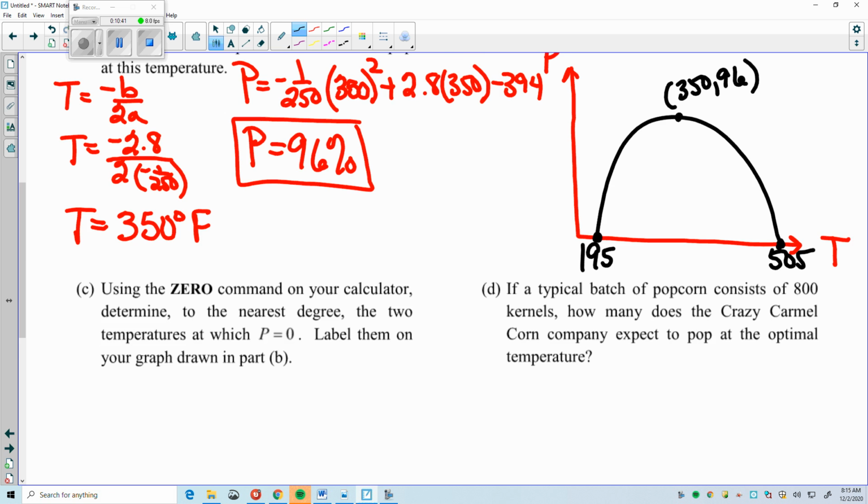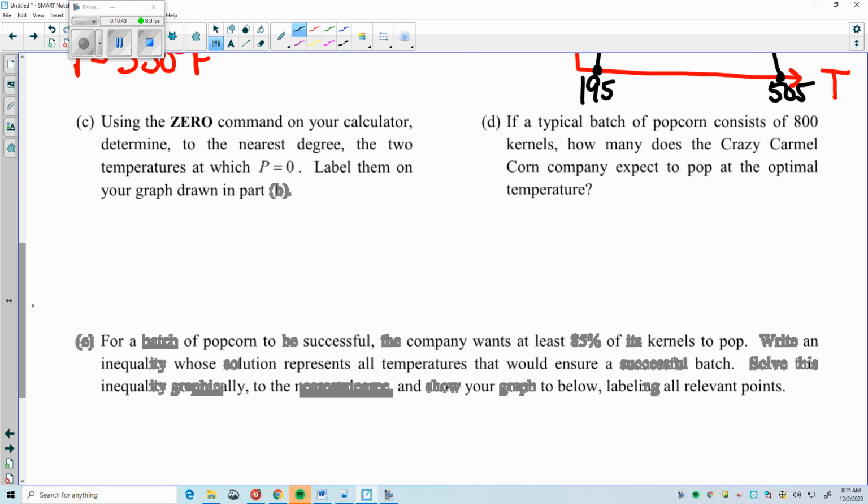Okay, so for letter D, it's asking us if a typical batch of popcorn consists of 800 kernels, how many does the Crazy Caramel Corn Company expect to pop at the optimal temperature? Okay, well, optimal temperature, that's like your maximum. So what it's saying here is our maximum was 96%. I need to find that 96% of 800 kernels.